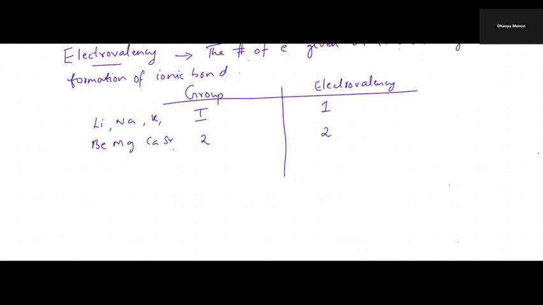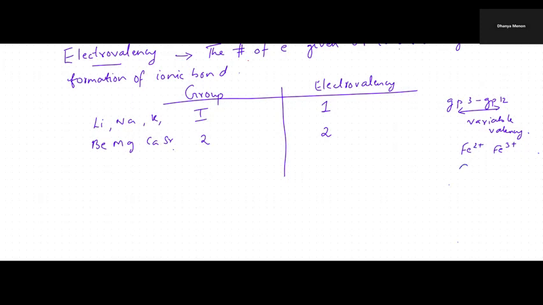Now, group 3 to group 12 is the D block element, okay. So for now, please remember that they have variable valencies. For example, when we were doing the lesson on periodic classification, we talked about iron 2 plus, iron 3 plus. So see, it doesn't have a fixed valency. It has more than one valency, variable valency.